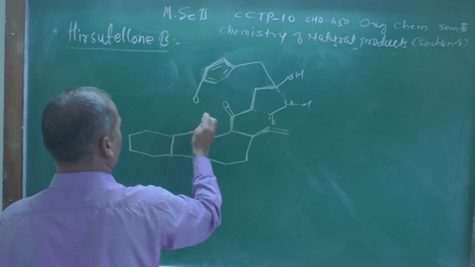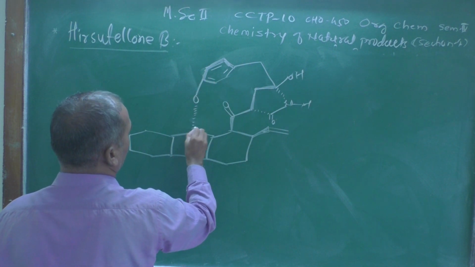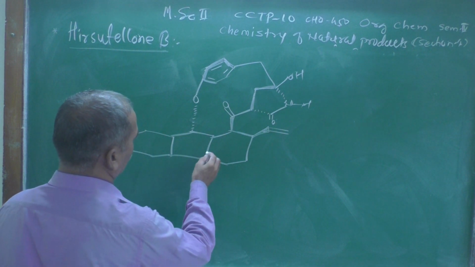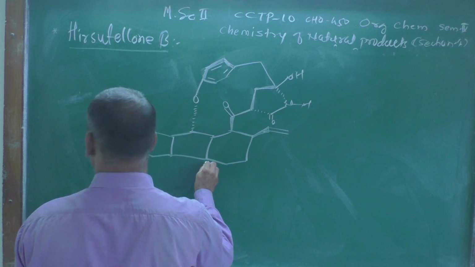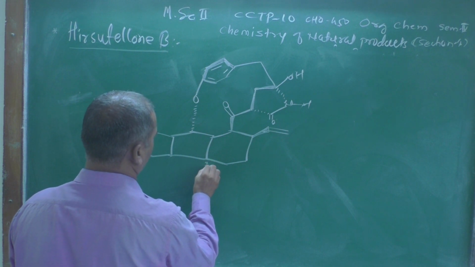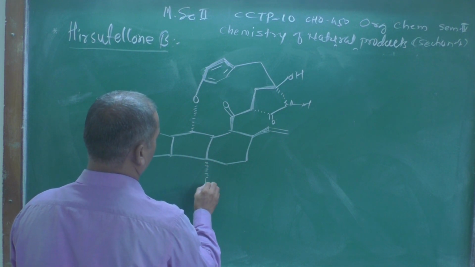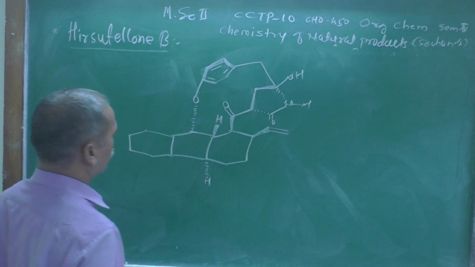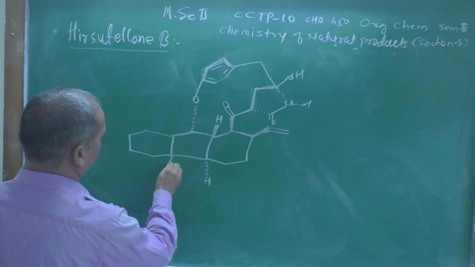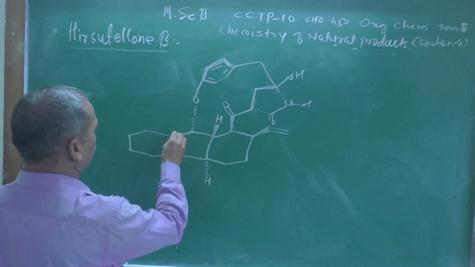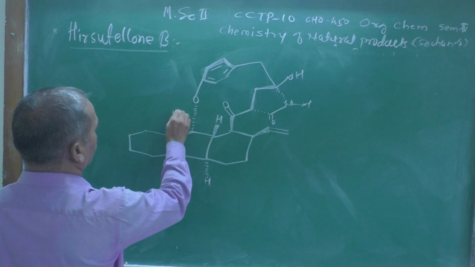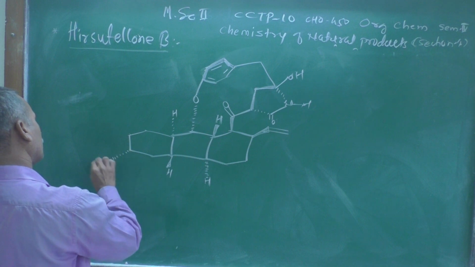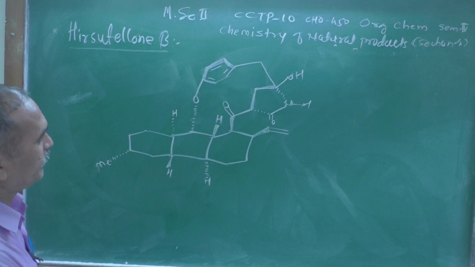There is an oxygen atom, shown by a dotted line joined to the 5-membered ring. The hydrogen atom at this corner point is shown dotted, where exactly the trans junction is, and here the hydrogen atom, and one methyl group goes below the plane.